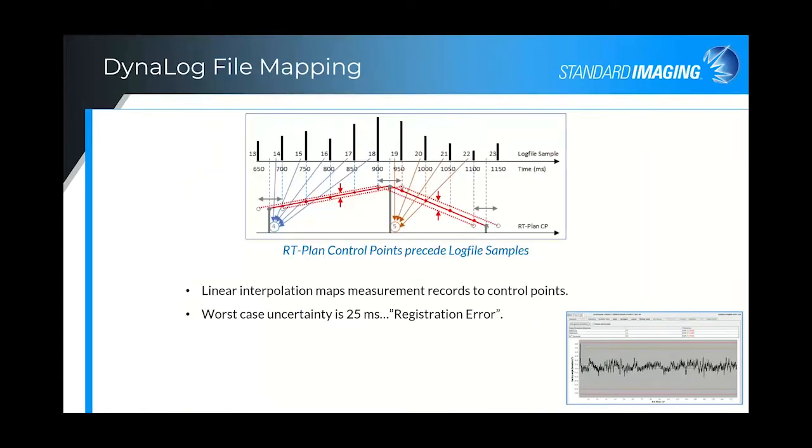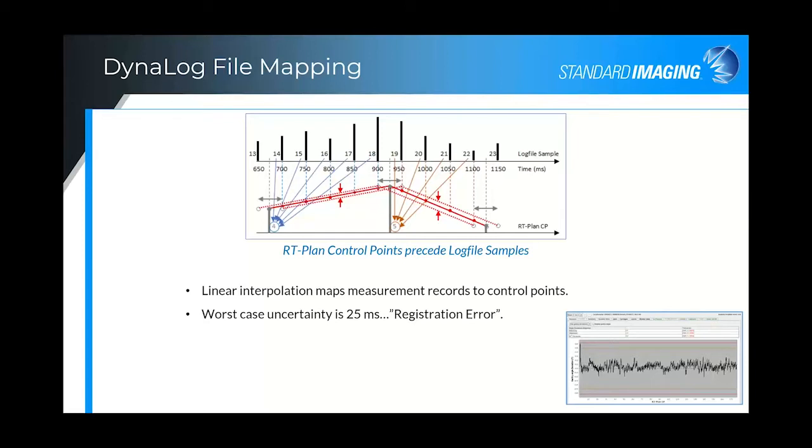And so, with this information about the control points from the RTPlan and the log file, how do we go about mapping those together in LinacView? So for the Dynalog file, I'll go ahead and give some description.